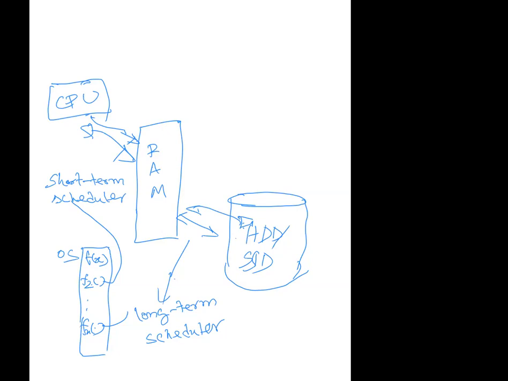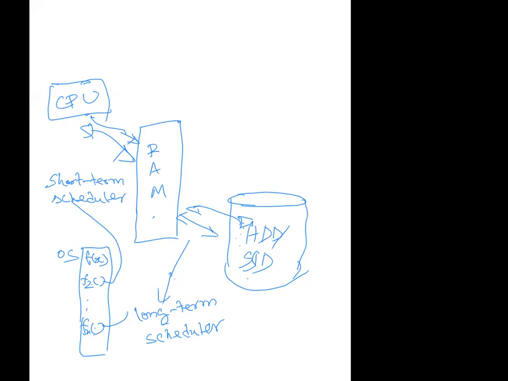So let's see what kind of algorithms are used by the short-term scheduler to transfer a process from SSD to RAM. So far we have studied fixed partitioning. What algorithms can an operating system use to transfer a process from your hard drive to RAM?